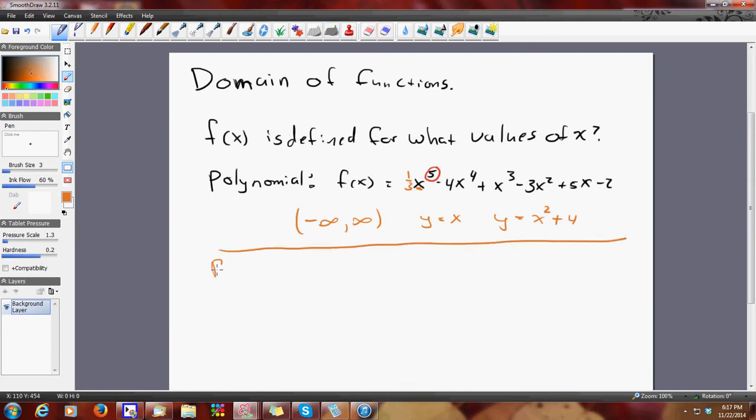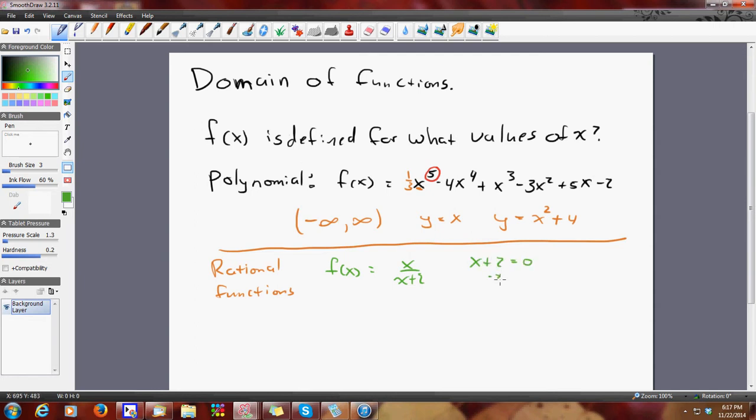Second would be a rational function. Rational functions are of the sort f of x equals x over x plus 2. Well, like I said before, you just can't have a 0 in the denominator. So what I do is I set the denominator equal to 0.